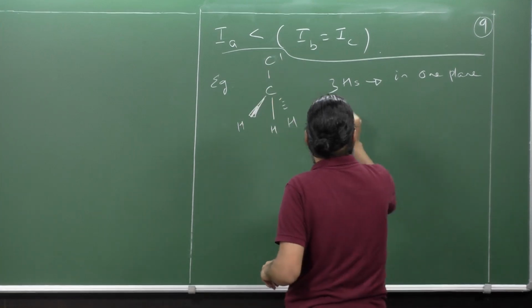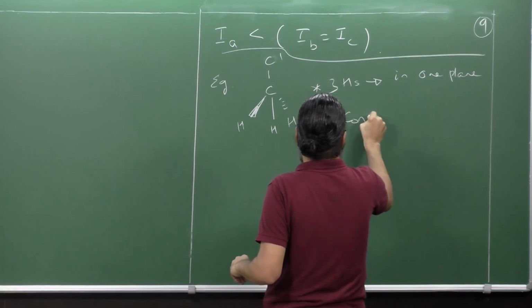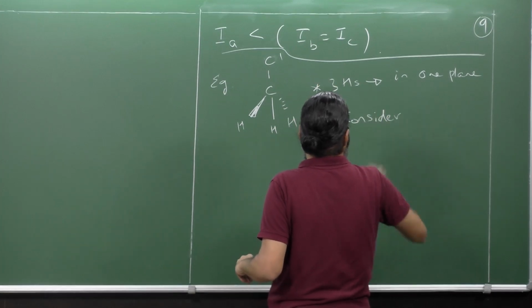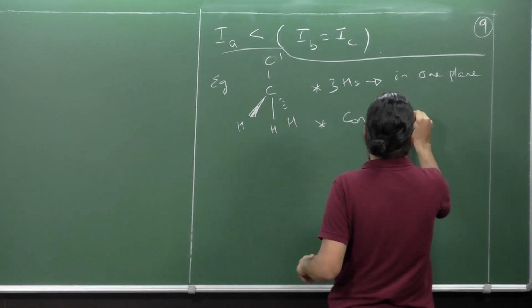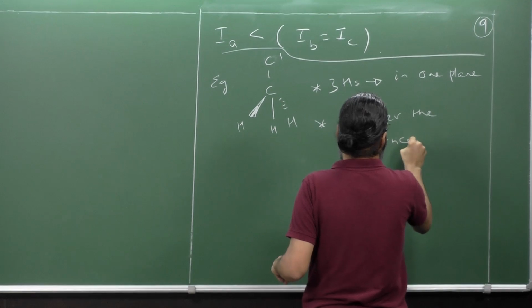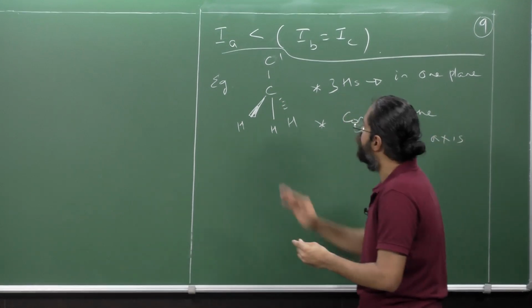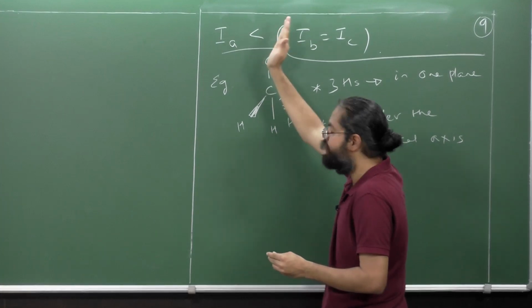Consider the vertical axis. When I say vertical axis, I'm talking about this specific axis along the C-Cl bond.